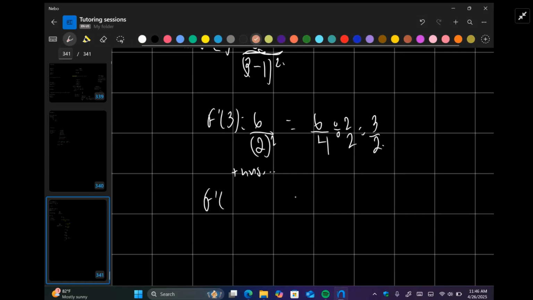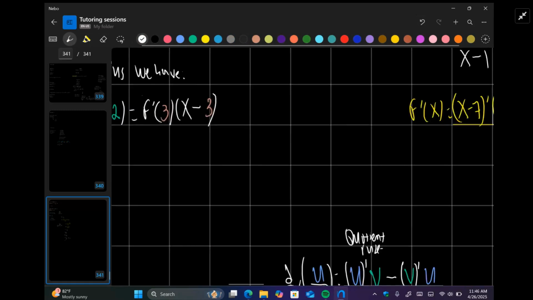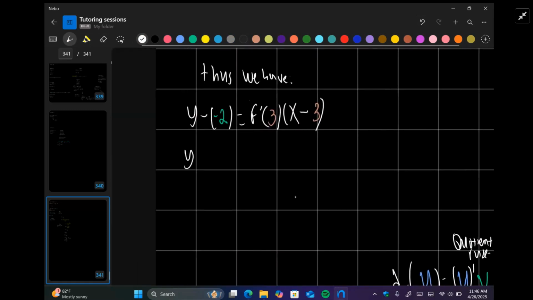This problem is lengthy. So we have y plus 2 equals 3 halves times (x minus 3).